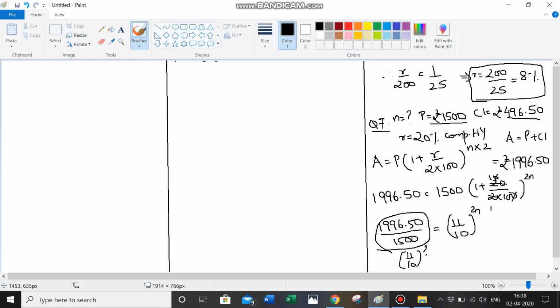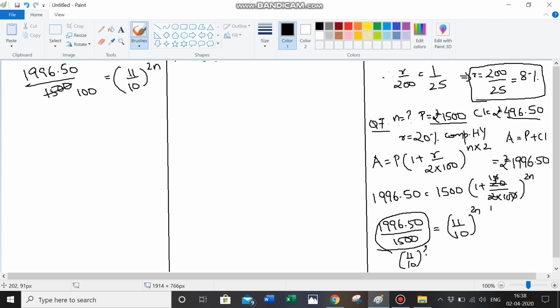So let me try and divide both sides by 15 so that this becomes 100. 1996.50 upon 1500, dividing it by 15, this becomes 100. And on my right hand side, in any case, I have 11 upon 10 to the power 2n. Why did I divide by 15? Because I know that this will either be 10, 100, 1000, something.